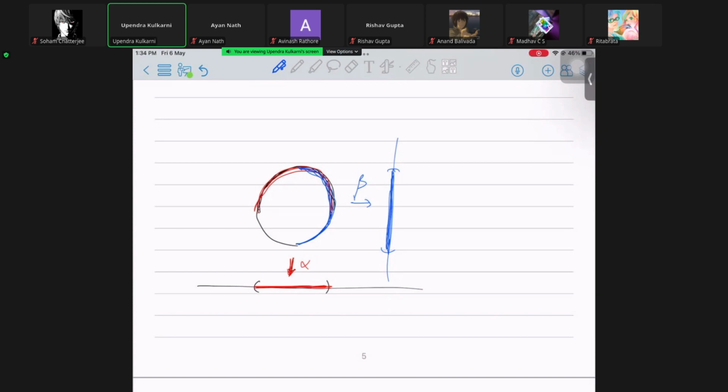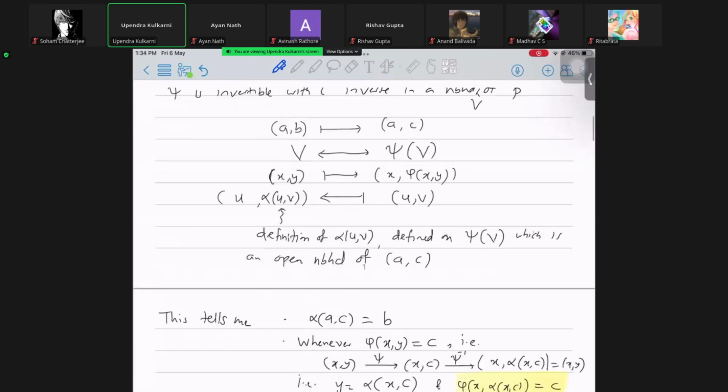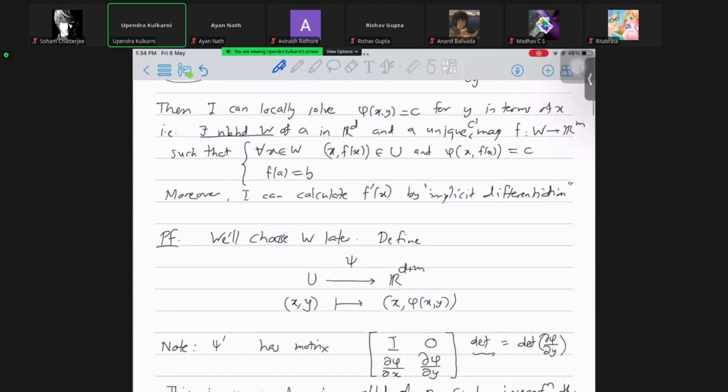So that set w is really a proxy for the entire set of x comma f of x.